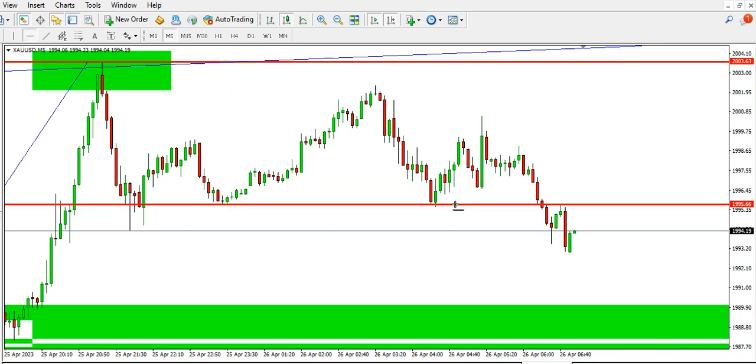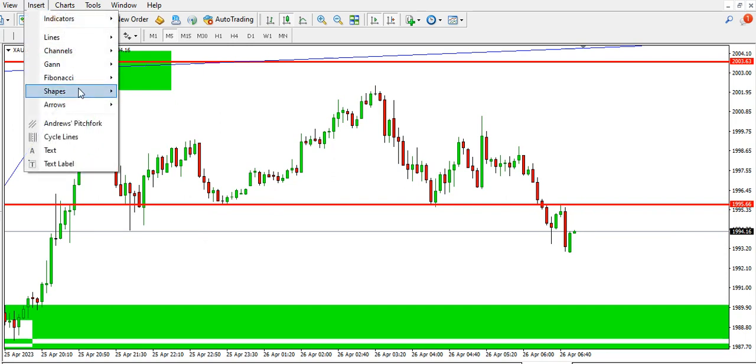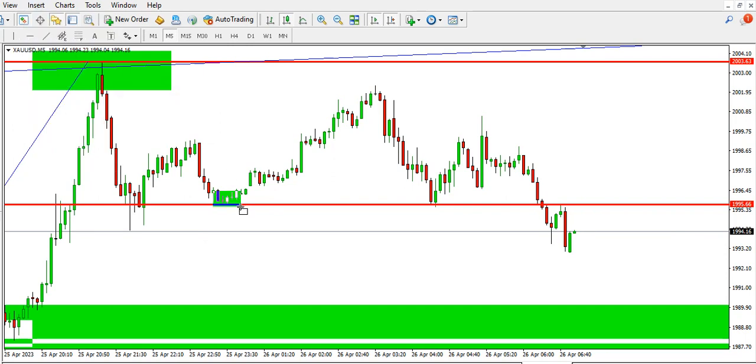We have a support around here, tested here. Support was tested at this point, also tested at this point where we have liquidity. Liquidity means where the buyers are putting their stop loss. They will have put stop loss here, and at the time price rose up and they were buying, they will have put their stop loss here.